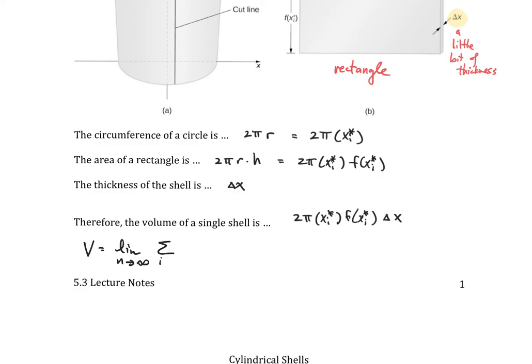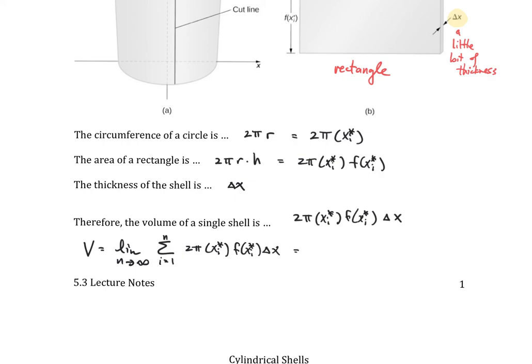So we're going to start off with n shells, and then we're going to let n go to infinity, and that's going to give us the true volume. So our approximate volume is the summation, as i goes from 1 to n, of 2 pi xi star times f of xi star delta x.